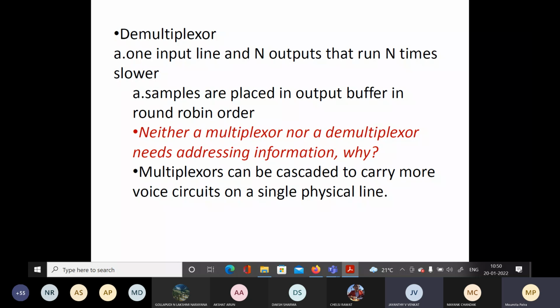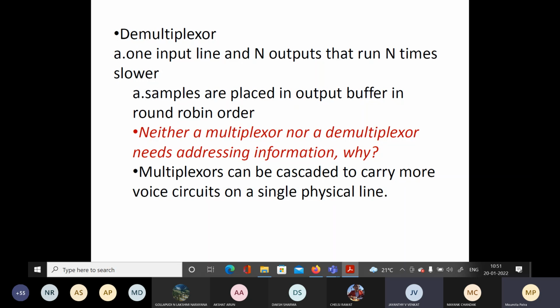So whatever sample arrives at the demultiplexing side, it has to place the values in the corresponding output buffers. This is done in round robin order. And a multiplexer or a demultiplexer does not need any addressing information, because you are just getting the sample as whatever is coming from the input port.